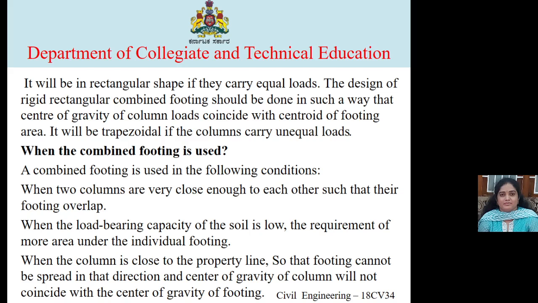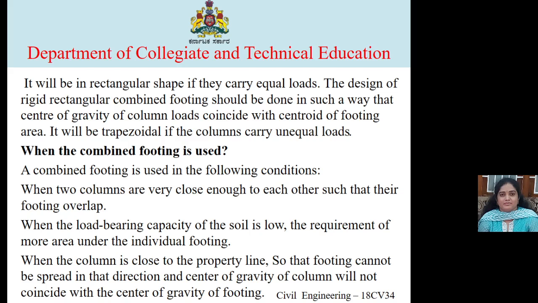So there are two situations, two shapes.